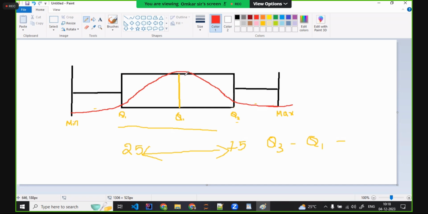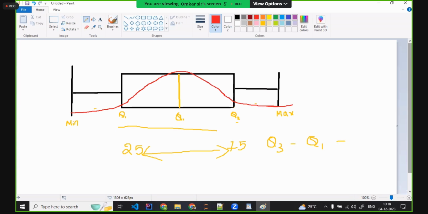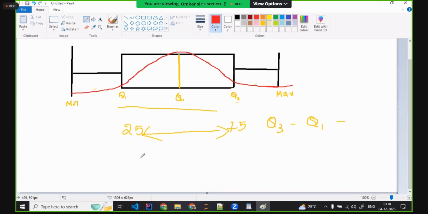This is the data. Now suppose there is one more box. Let's see here. Suppose I'm drawing one more box like this. But my line is here.